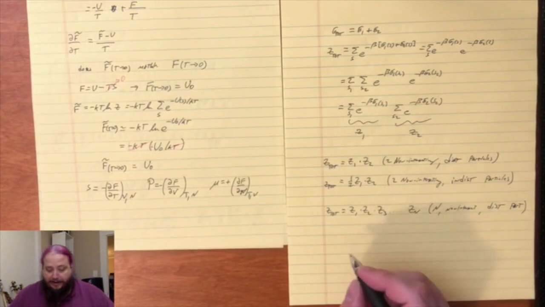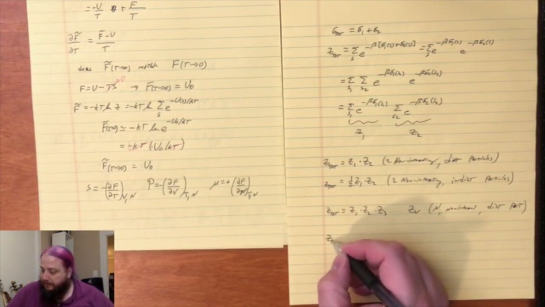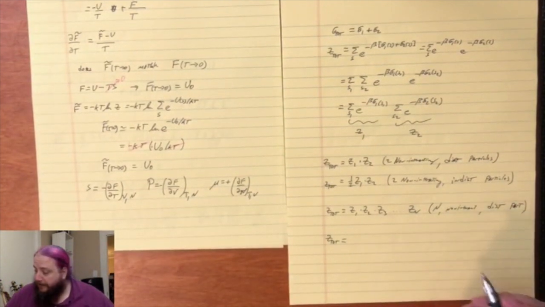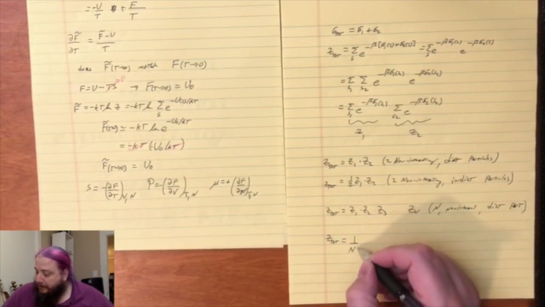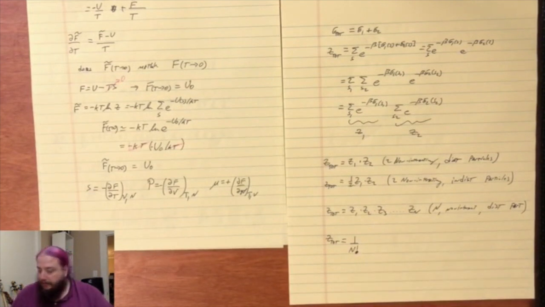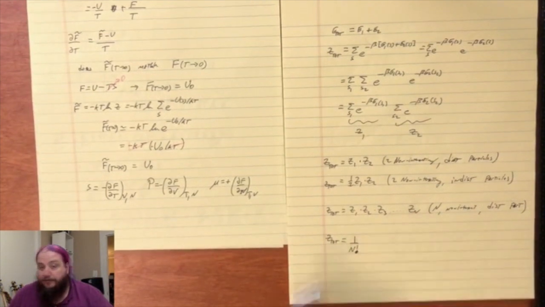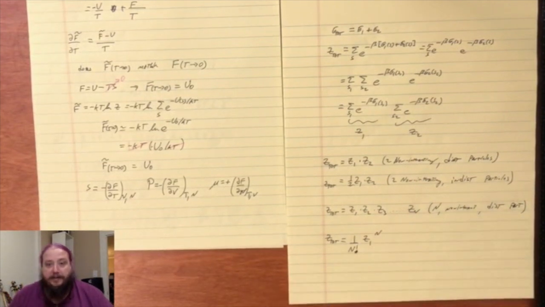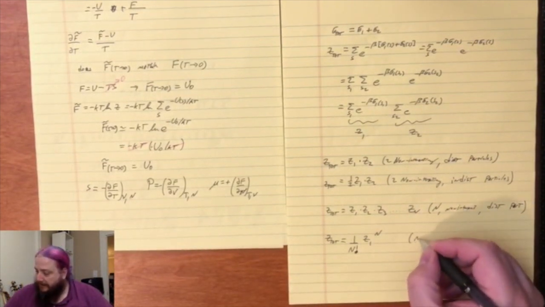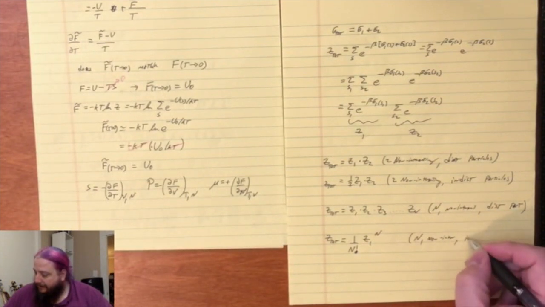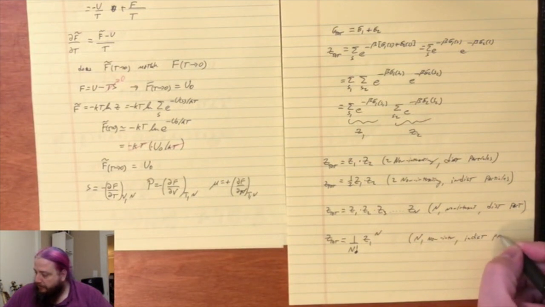In general, as we've seen before, the correction factor for non-interacting indistinguishable particles would be 1 over n factorial to get rid of all of the multi-counting. And since the particles are indistinguishable from one another, instead of having n different partition functions, we've only got one partition function to the nth power. So this is n non-interacting indistinguishable particles.